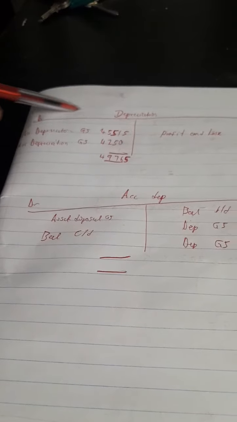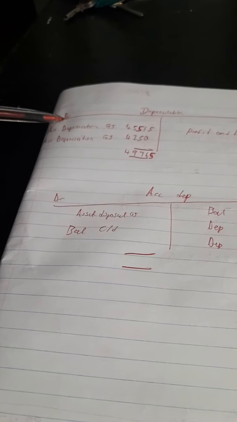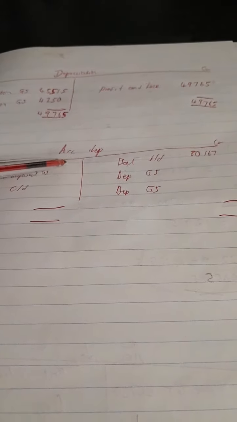So then what are we going to record now under these two depreciations? It's very simple. You are taking these ones exactly as they are, but now they were on the debit side. So you take them to the accumulated depreciation and record them on the credit side exactly as they are. You only change the headings.